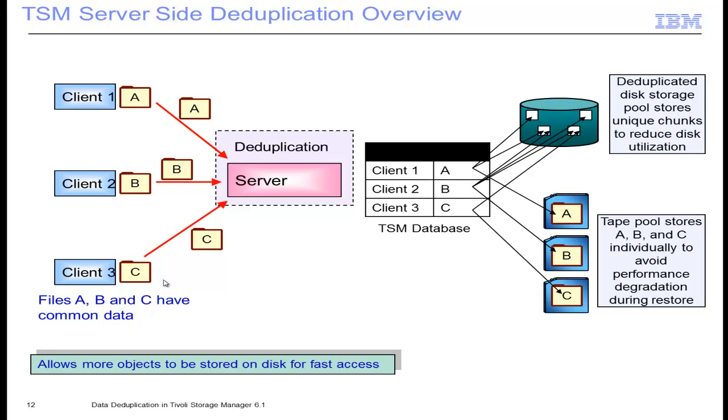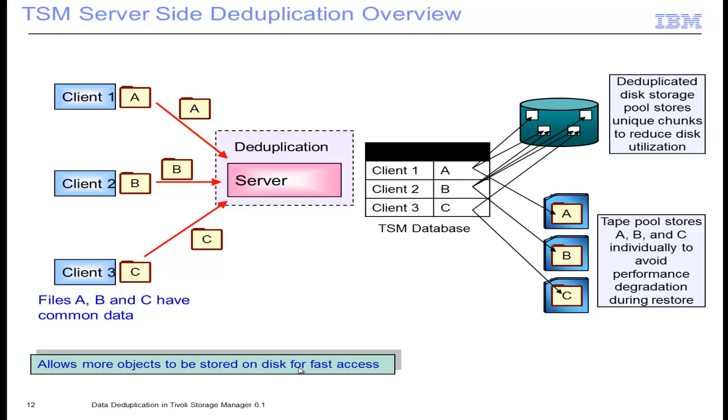After the backup is complete, we then take these files and we break them into smaller blocks, and we compare all of these blocks against existing blocks that we know, and if there's a match, then we can get rid of a redundant block. If there's not a match, then we introduce a new block into our hashing table. After we've gone through and done this deduplication, reclamation would then run and clean up the redundant blocks of data from that storage pool.